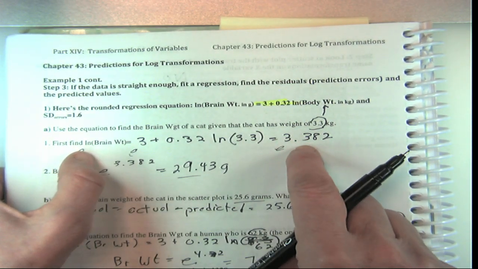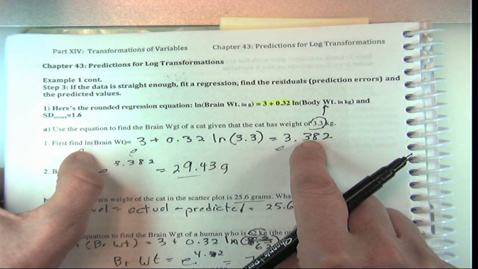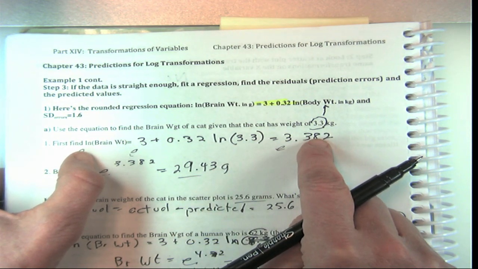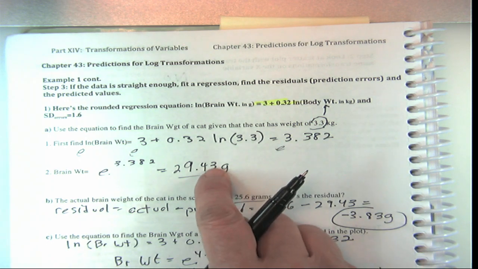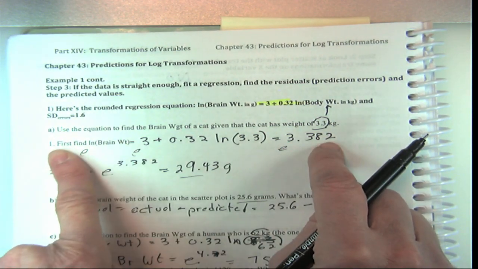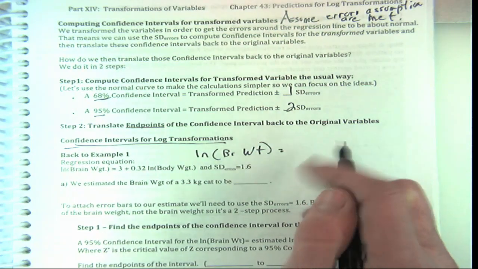So we're going to attach the error bars to this, when what we really want is the brain weight. So we're going to anti-log the endpoints to get a confidence interval around the brain weight, okay? We're just building a confidence interval around our log equation. That's what we got, 3.382.